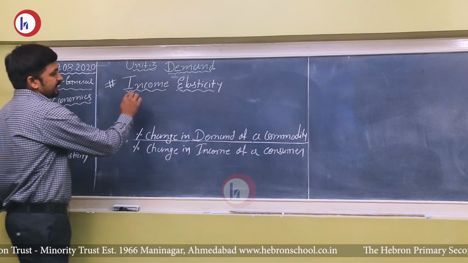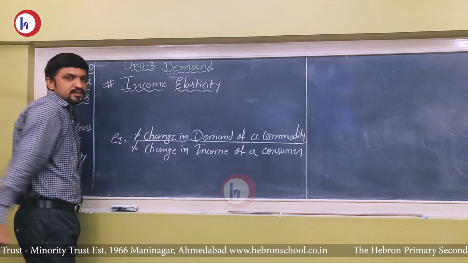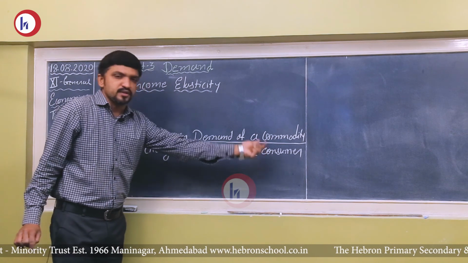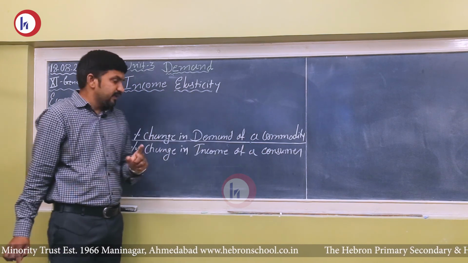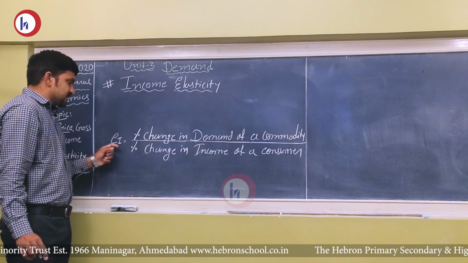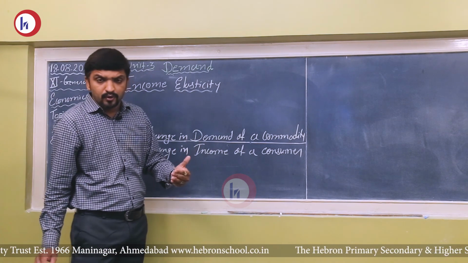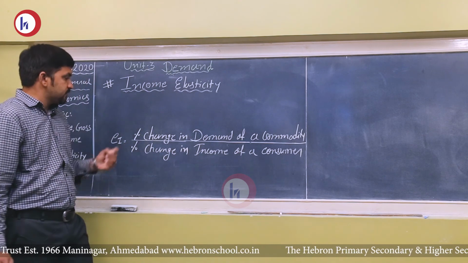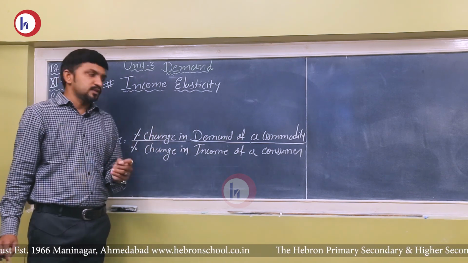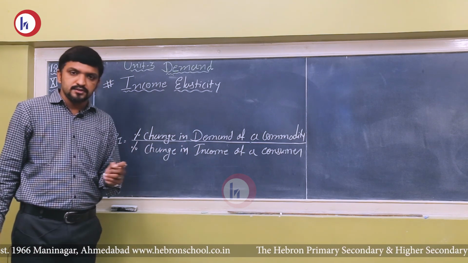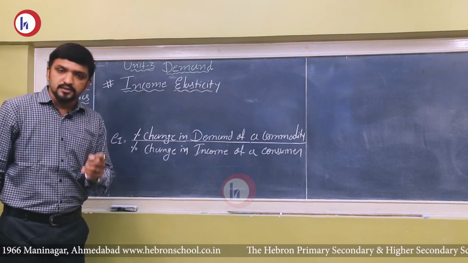But now as we are talking about income elasticity, in denominator it would be income of a consumer. So now the formula is income elasticity equals percentage change in demand of a commodity upon percentage change in income of a consumer.